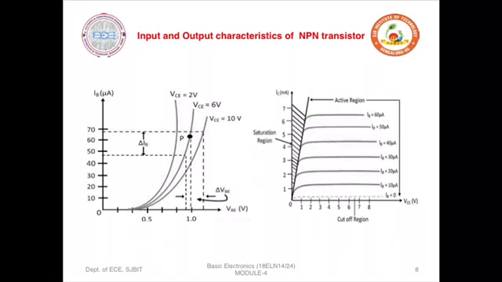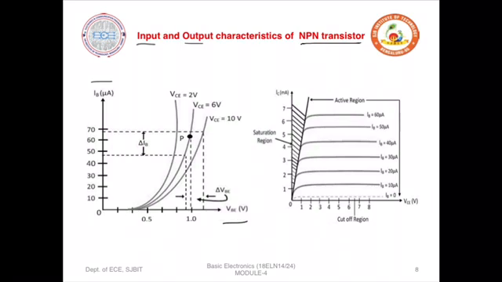Now the characteristics of this NPN transistor can be represented for both input and output, and they are called input and output characteristics. The input characteristics is the graph of VBE versus IB. VBE is taken on the x-axis and IB is taken on the y-axis.